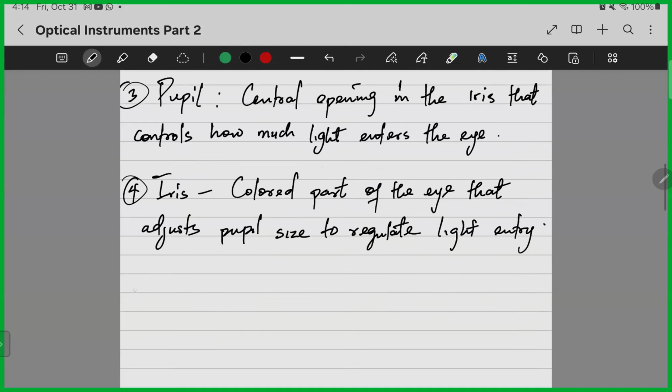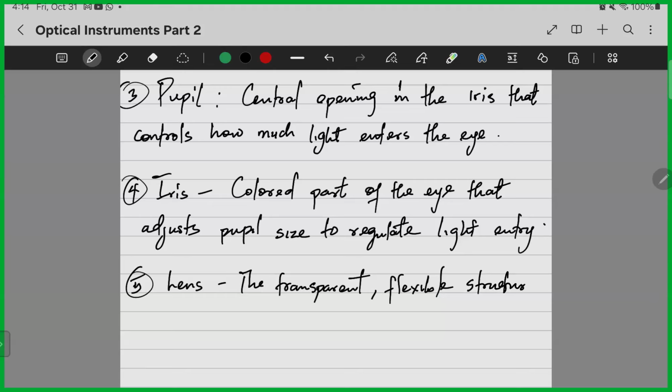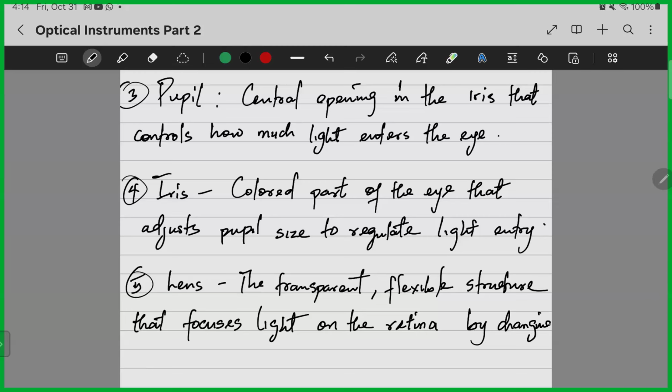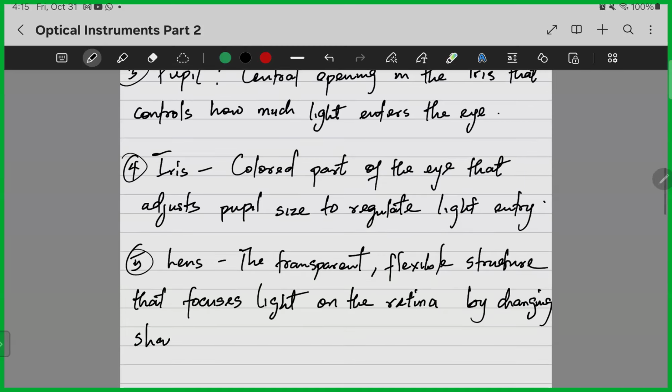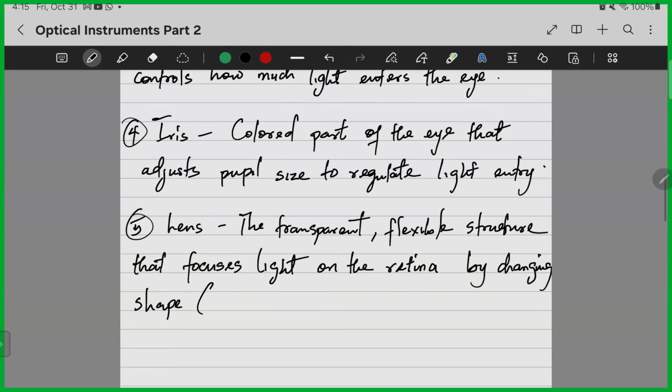Take note of that. I go straight into the lens. The lens is the transparent, flexible structure that focuses light on the retina by changing shape. And that concept is called accommodation.